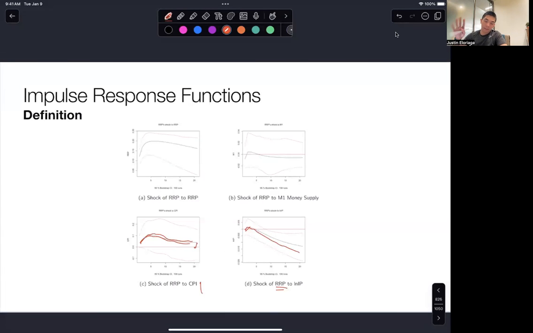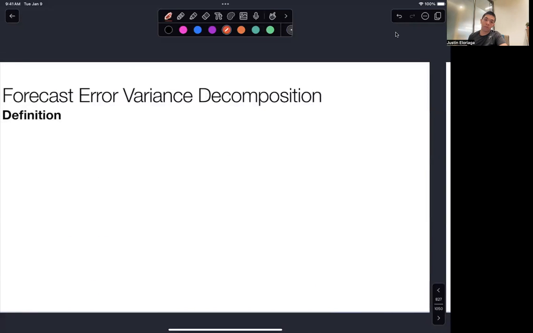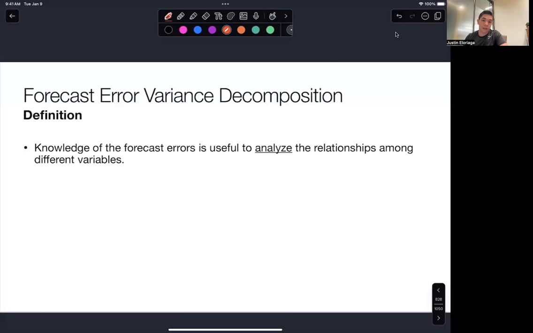And the converse of that, which you can just use a manipulation of, is the forecast error variance decomposition. Again, we estimate the forecast errors from the reduced form VAR, and it's useful to analyze the relationships among these different variables, right?